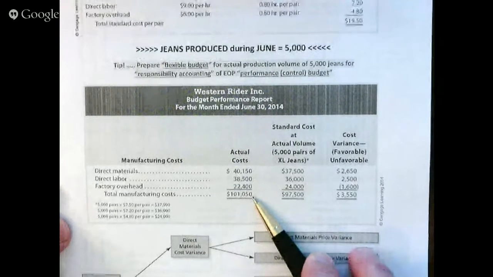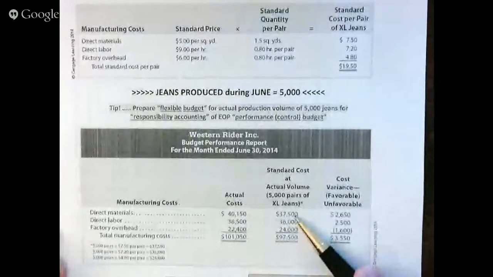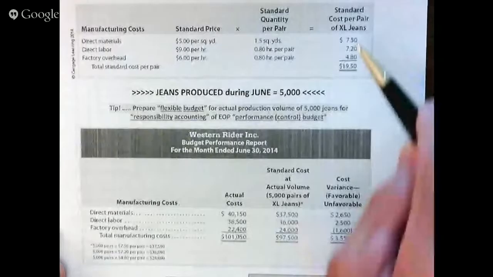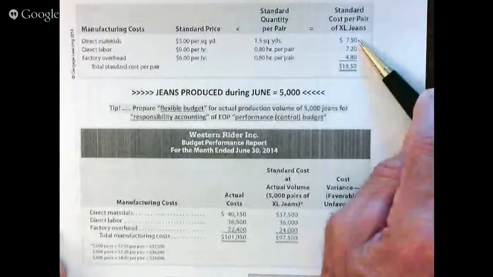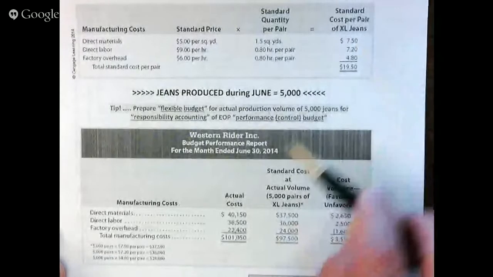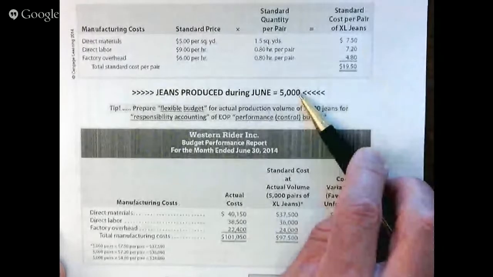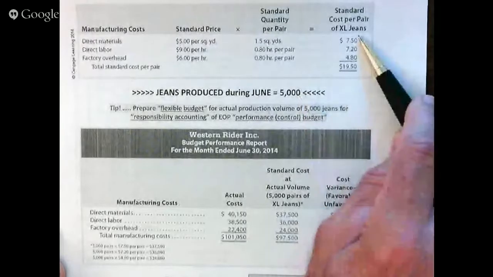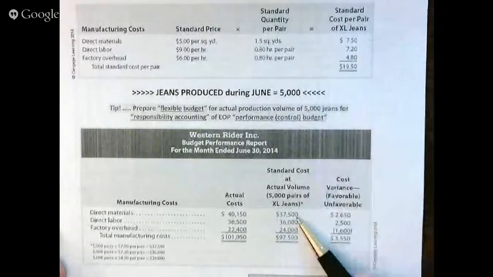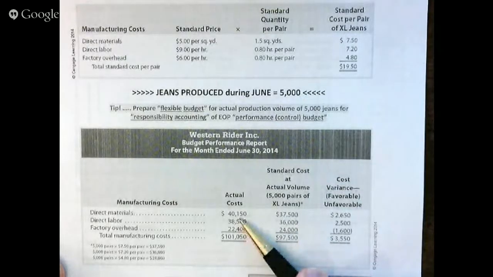Well, in this case, to figure the cost, each jean cost $7.50 in materials. If the company produced 5,000 jeans, 5,000 times the standard materials cost would give you $37,500 as the standard cost of what it should have taken to make the jeans, which you can see is less than the actual cost of $40,150.